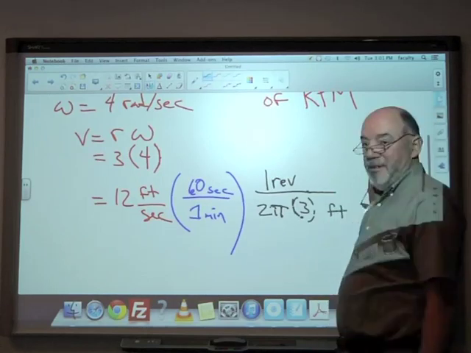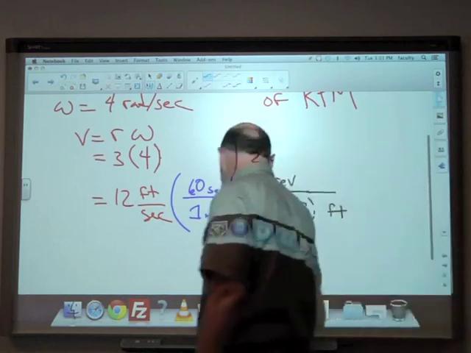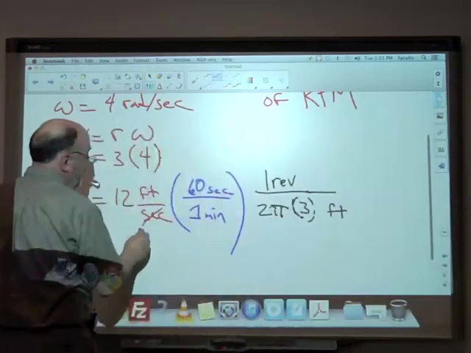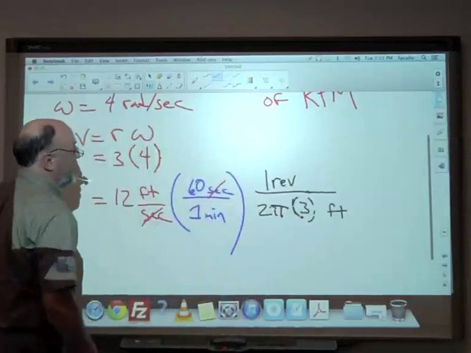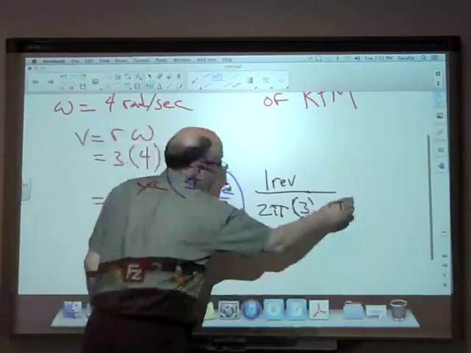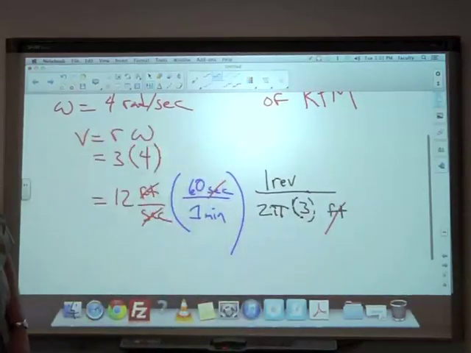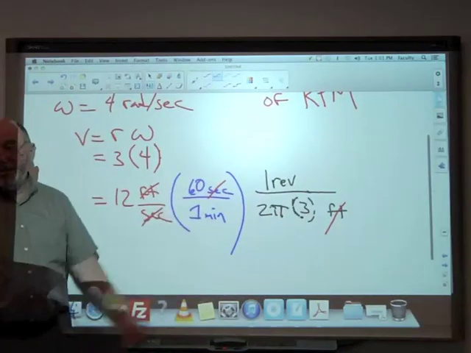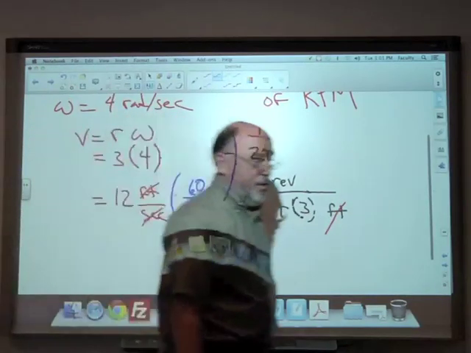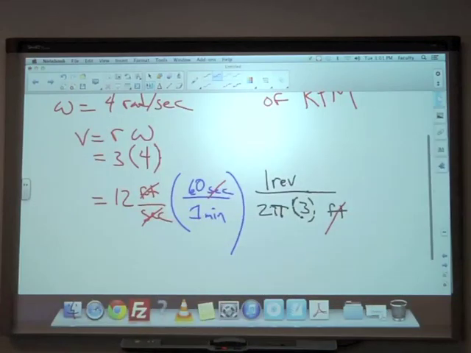If I look at my units, this goes, this goes, this goes, this goes, and I'm left with revolutions per minute, because 1 revolution is equal to the circumference of your circle. So we end up with 12 times 60 divided by 6 pi.